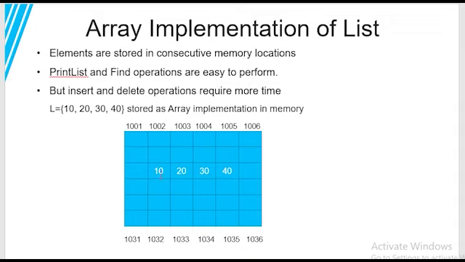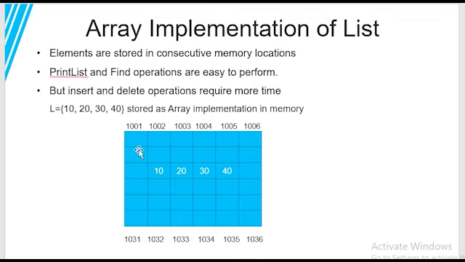The 10 is stored in this position and continuously 20 is stored as the next element, and in a continuous manner all the elements are stored. Here each memory location is one byte, and each element occupies one byte of position.